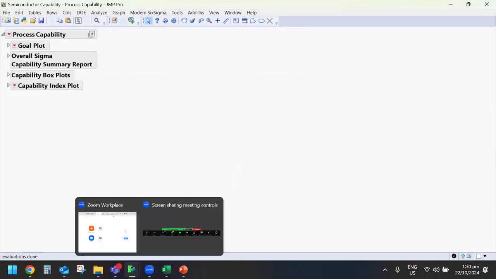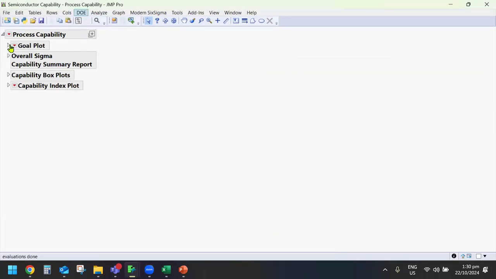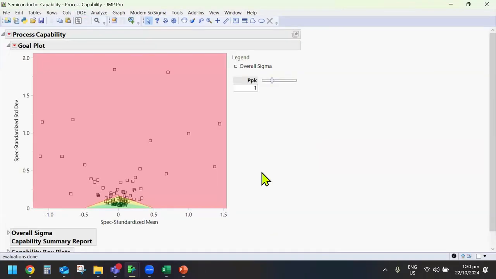That's why I come back to this goal plot. It is a two-dimension graph, presenting the performance of the process in two dimensions. On the X is the process speed limit versus the standardized mean, which is to say, if my process is right here at 0, along this 0 line, that means my process is quite right on target.